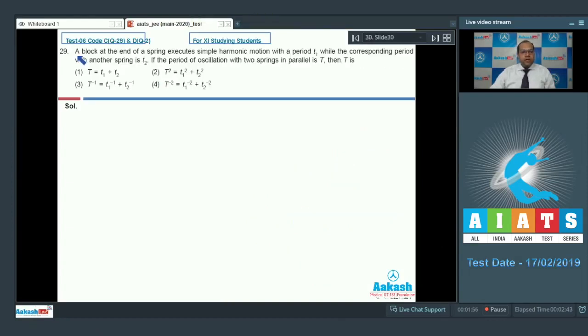In question number 29, a block at the end of a spring executes simple harmonic motion with a period T1, while the corresponding period with another spring is T2. If the period of oscillation with two springs in parallel is T, then T is.